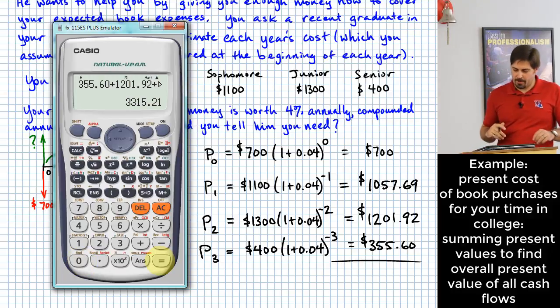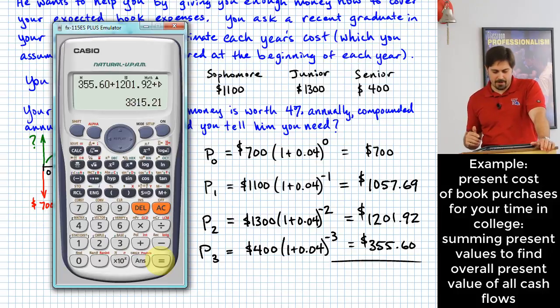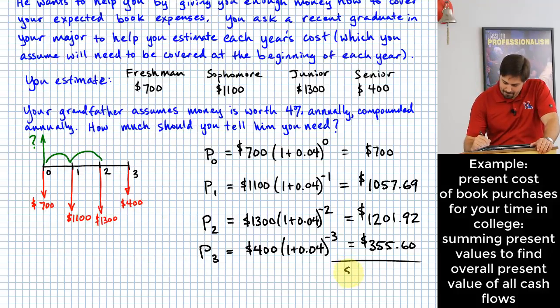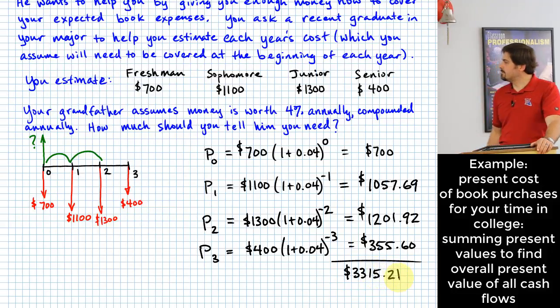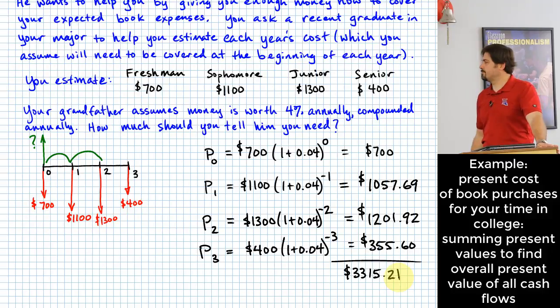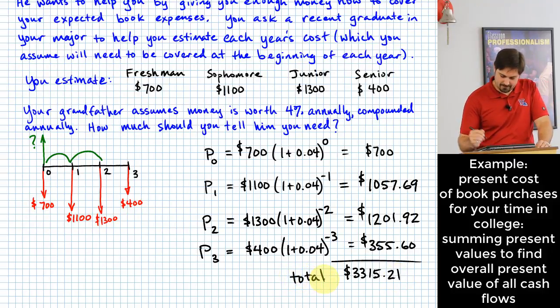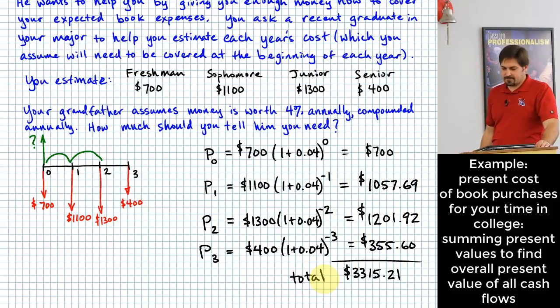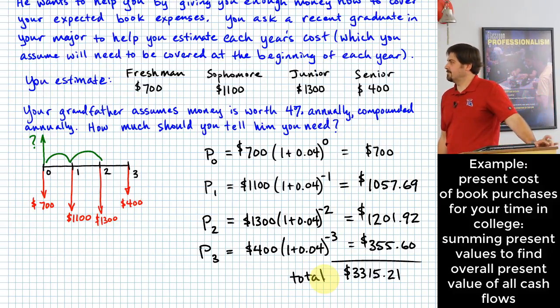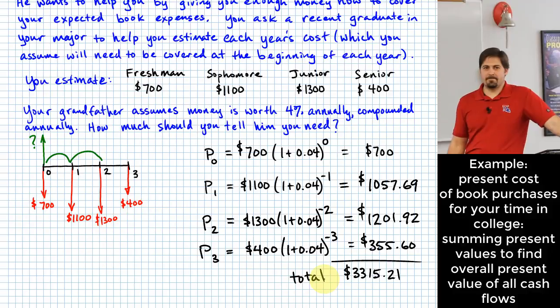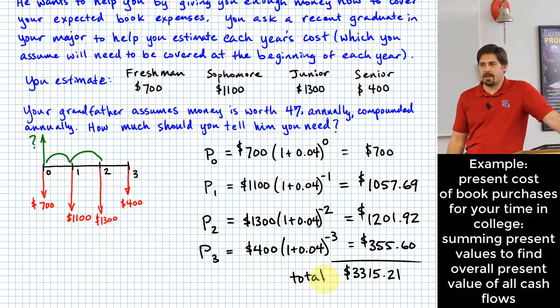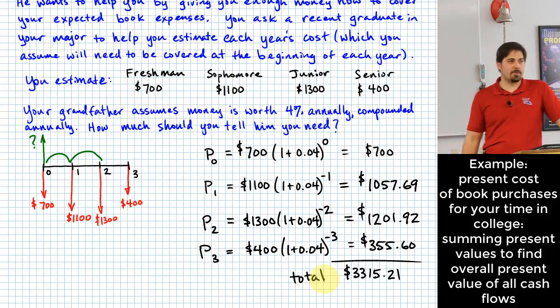You say, Grandpa, I need 3,315.21. All right, which is great, right? Totally great. It's like super great.